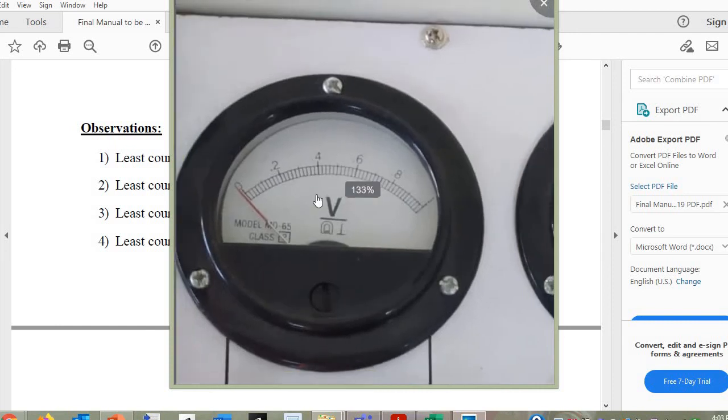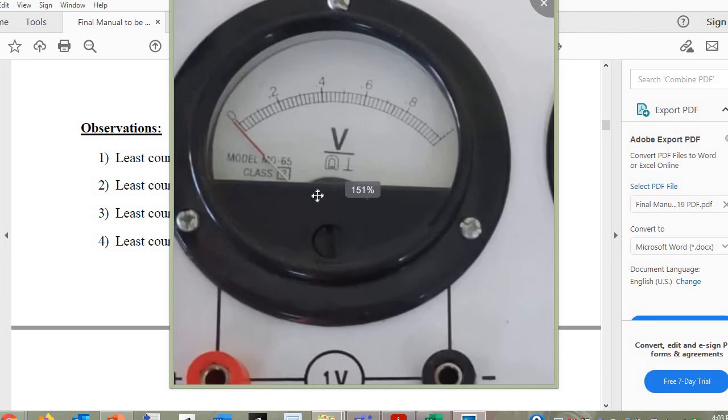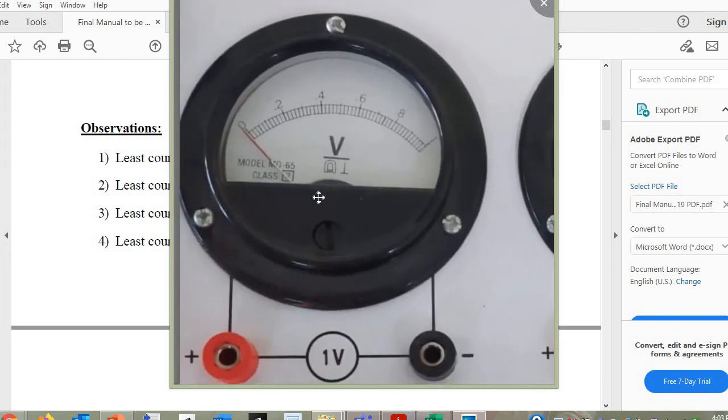Ma'am, there is a gap of 2. Okay, see here it is written: 10 divisions are equal to 0.2 volts. First these 10 divisions relate to 0.2. Then you can see 0.4, 0.6, 0.8 and 1.